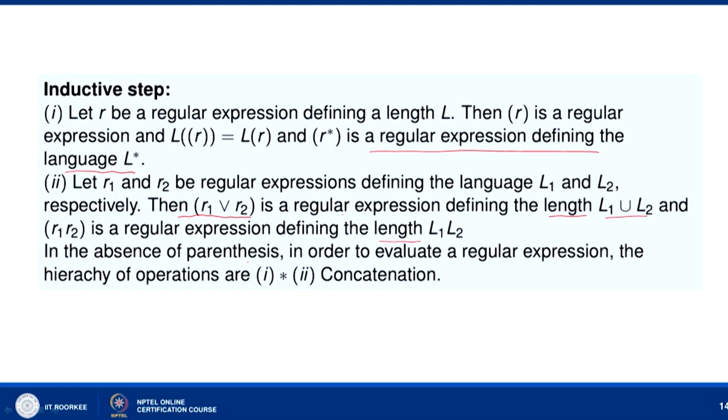In the absence of parentheses, in order to evaluate a regular expression, the hierarchy of operations is: first we take up the star, then we take up the concatenation, and third we take up OR.